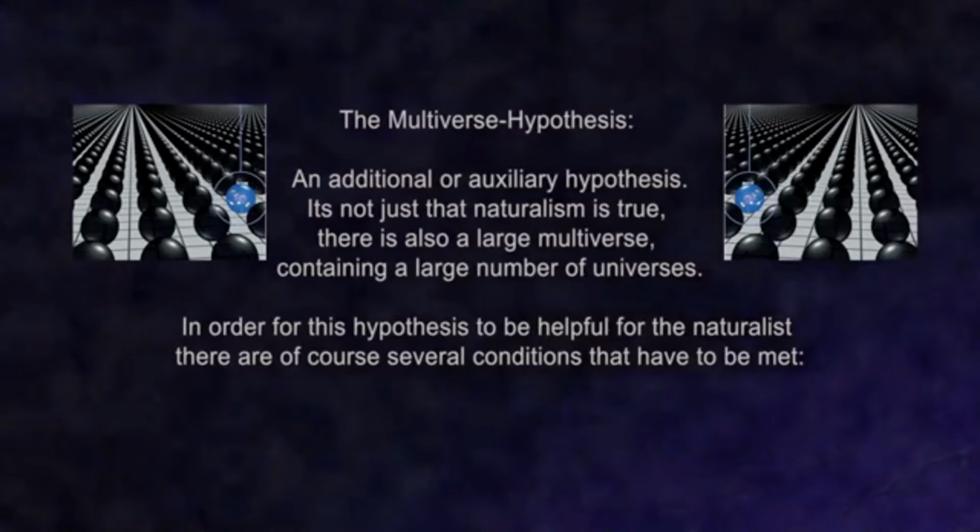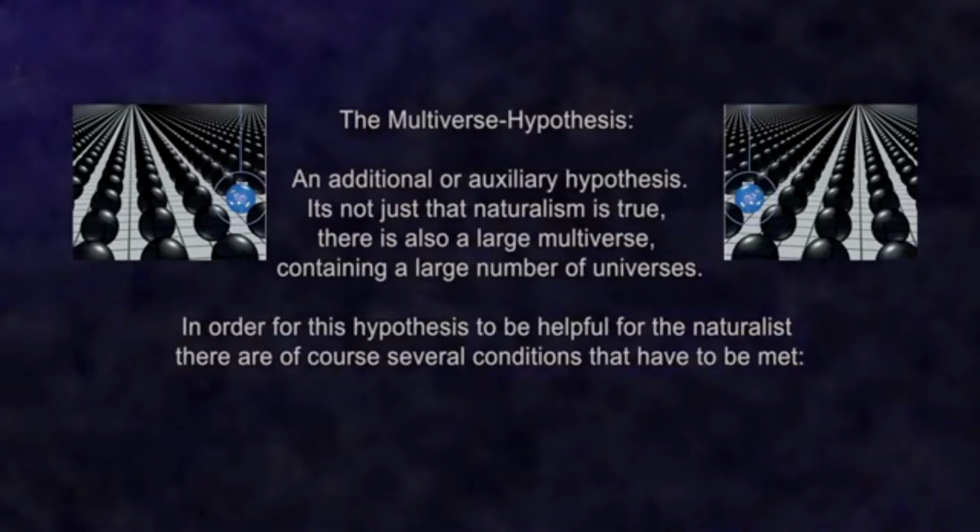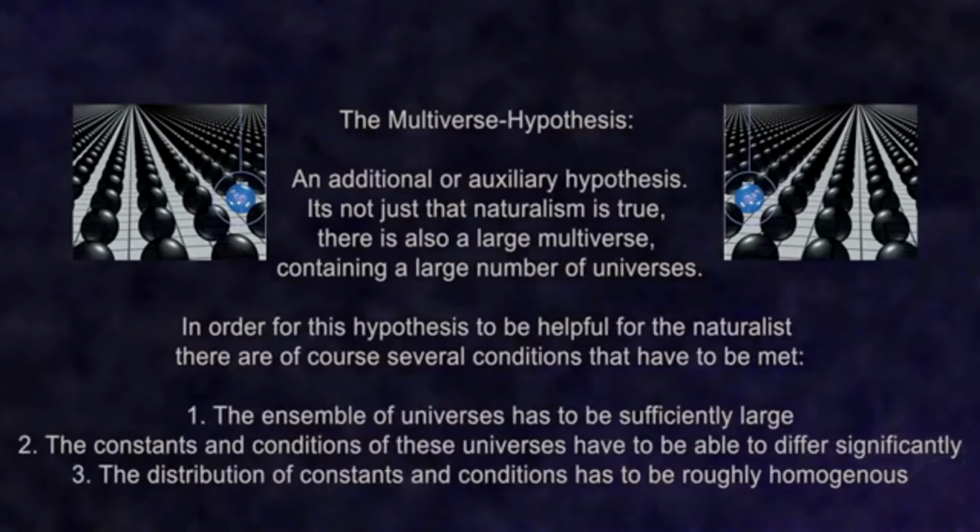In order for this hypothesis to be helpful for the naturalist, there are of course several conditions that have to be met. 1. The ensemble of universes has to be sufficiently large. It won't help naturalism if there are like 8 universes. That won't shift the probability structure significantly. Secondly, the constants and conditions of these universes have to be able to differ significantly.